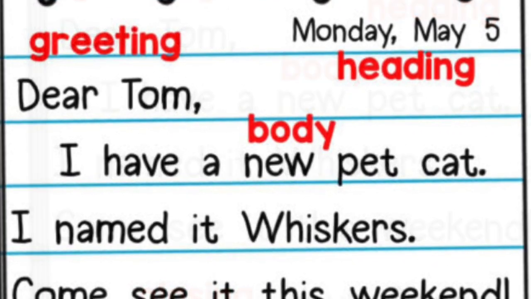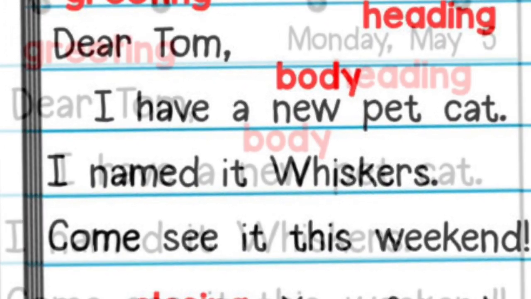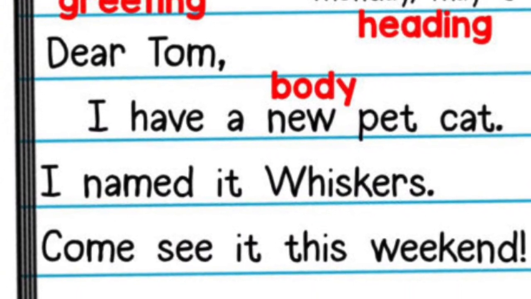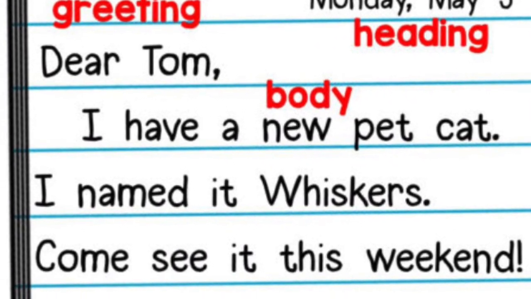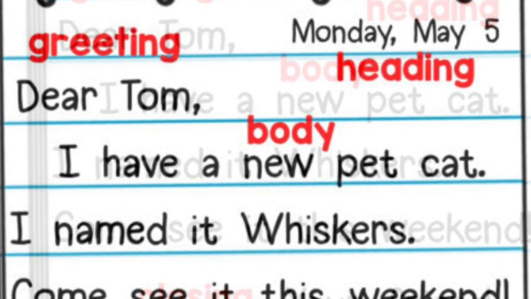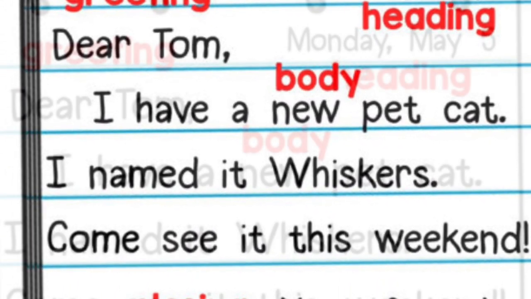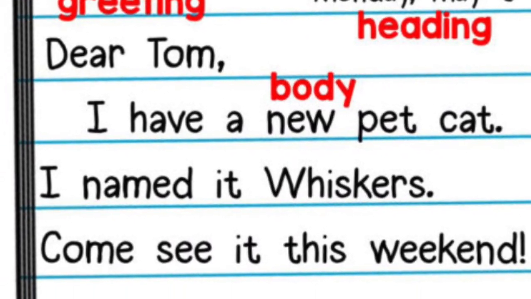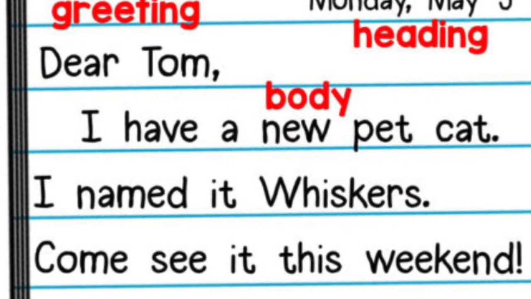So I just want to remind you that the heading is your address and the date. The greeting is the word dear, like Dear Tom, the name of the person you're writing to. The body is the main part of the letter, like whatever you're telling them.